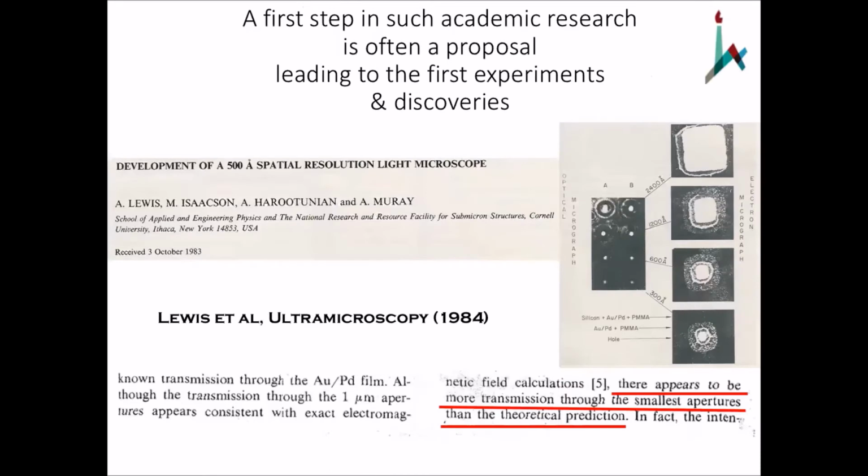In any event, one of the things that we saw was that we were seeing more transmission through the smallest apertures than what was theoretically predicted by someone at the university I was at, and that was Hans Bethe. Hans Bethe was the head of the theoretical physics group at Los Alamos National Laboratory during the making of the bomb.